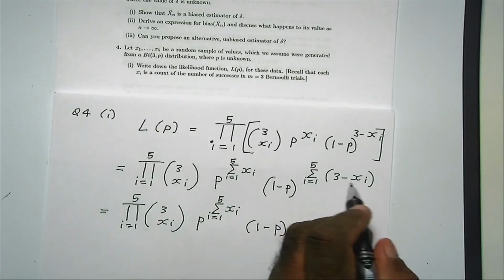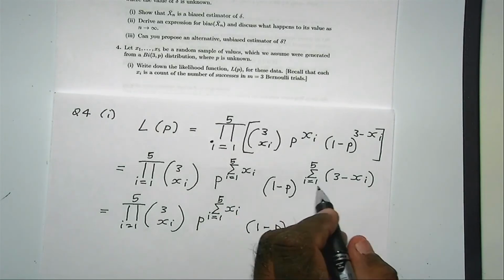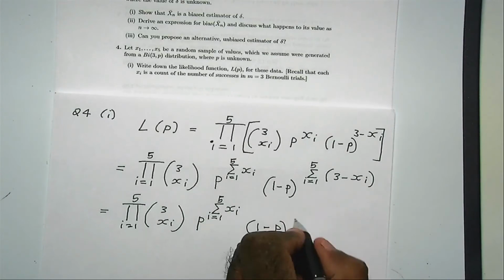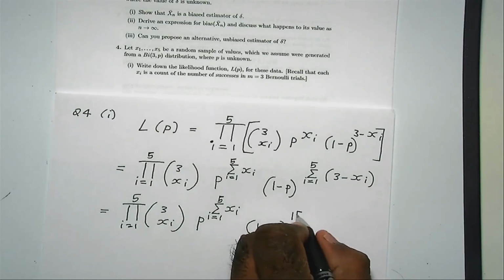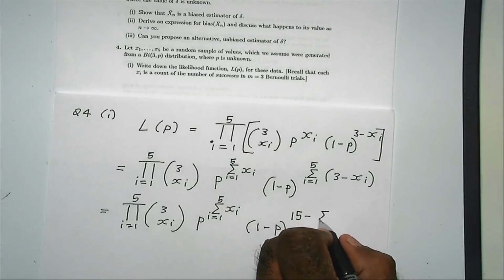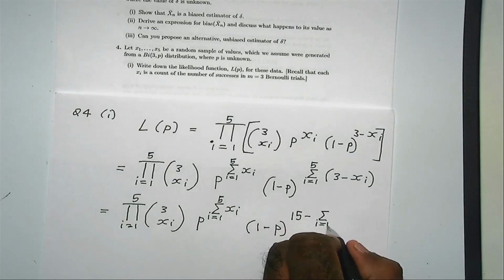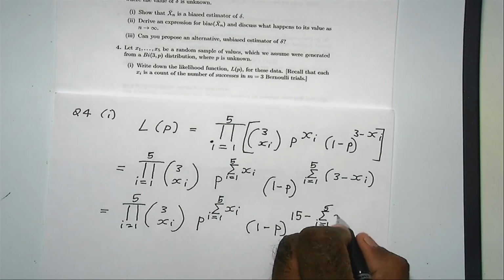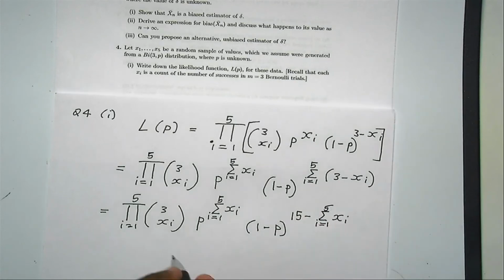Now the sum of 3 minus xi from 1 to 5 is 15 minus the sum of xi. So this is the answer to part 1 of question 4.